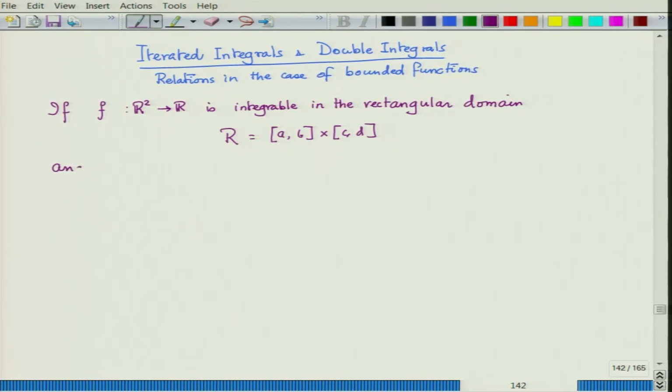And if either of the iterated integrals, integral A to B, integral C to D, f(x,y) dy, exists. We are not going to get into the details of the proof etc. We are just going to give an example after we state this result, and you can try the further things.